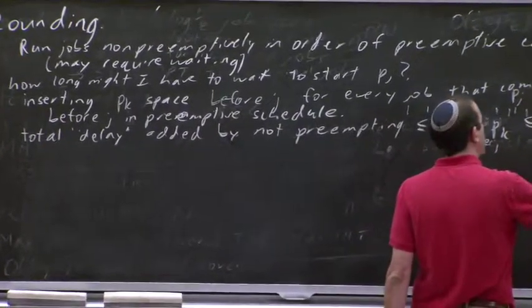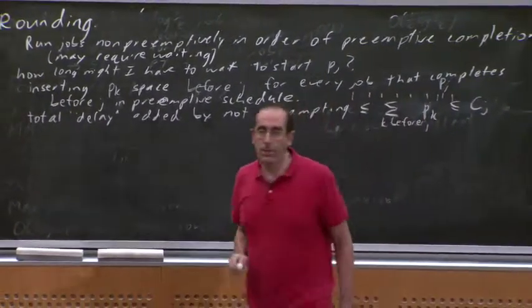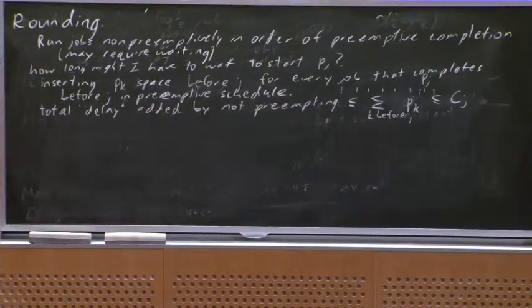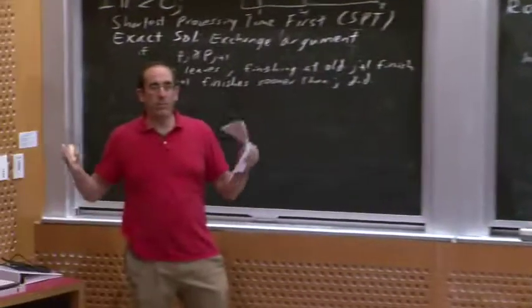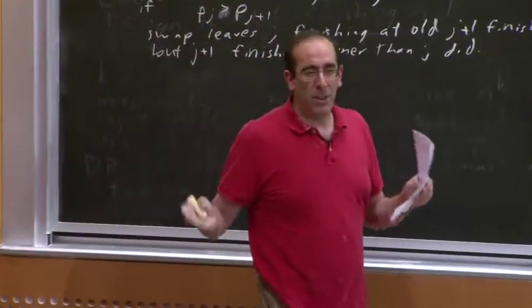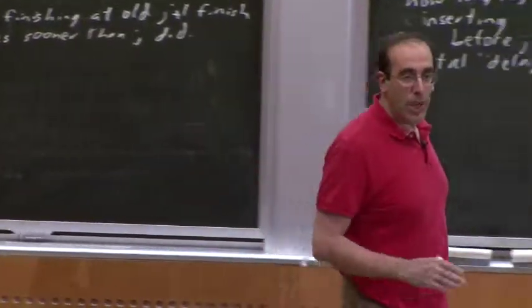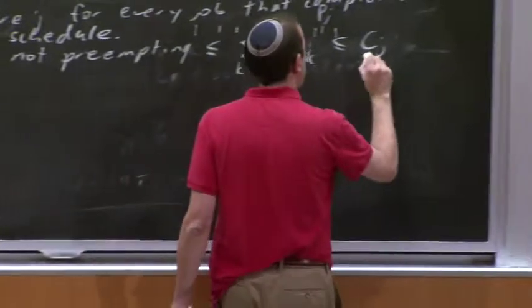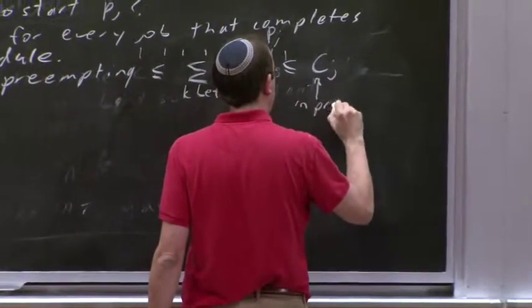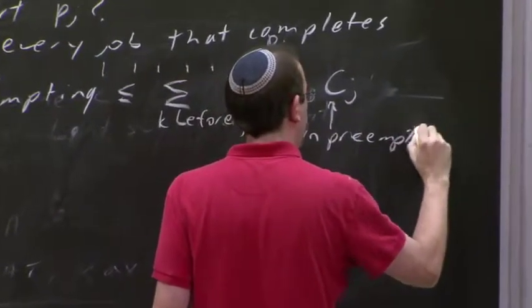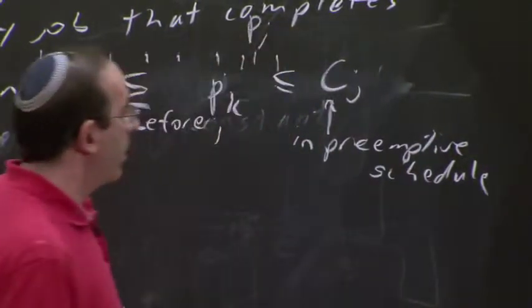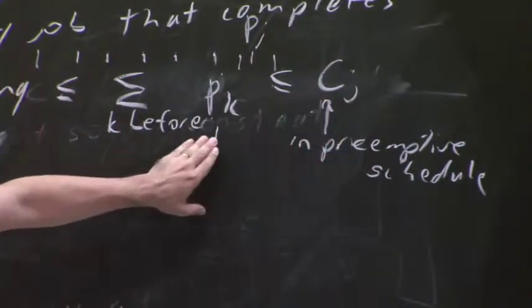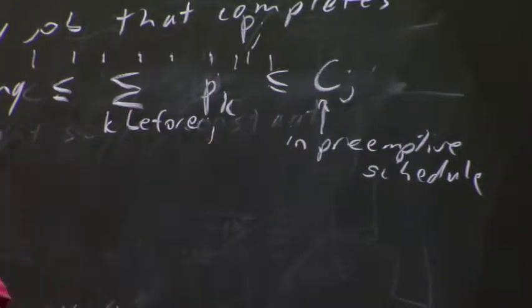Well, that clearly is at most the completion time of job J. Because if all of these jobs are finishing before job J, then they're finishing before the completion time of job J. And this is in the preemptive schedule. The completion time of job J is at least the sum of the processing times of everything that came before.